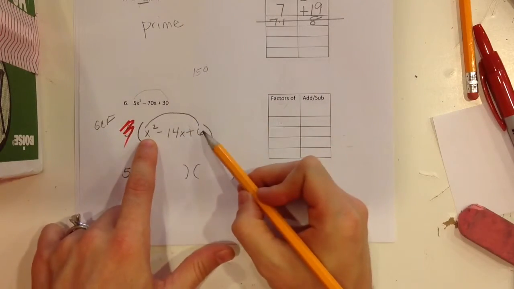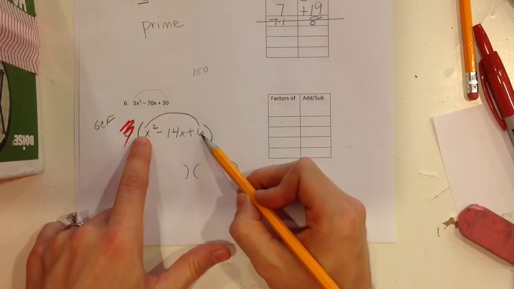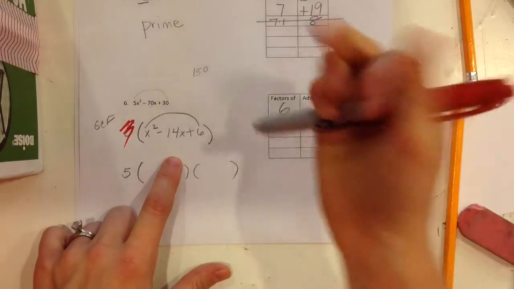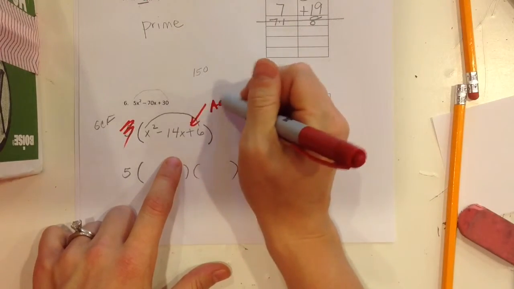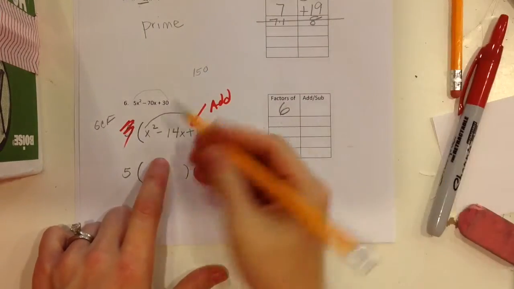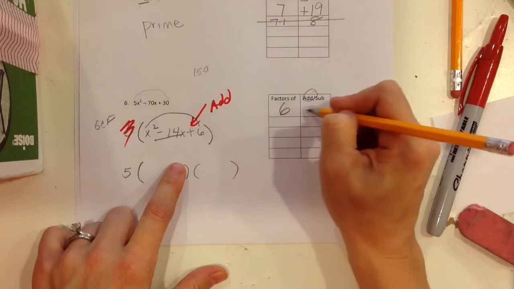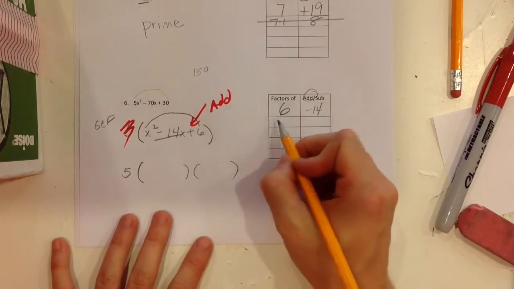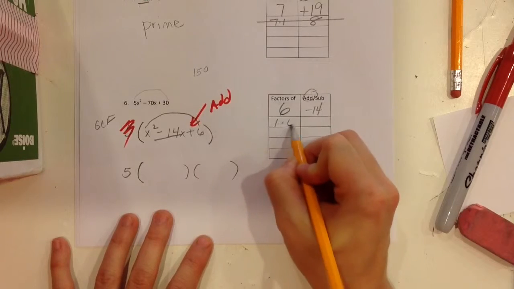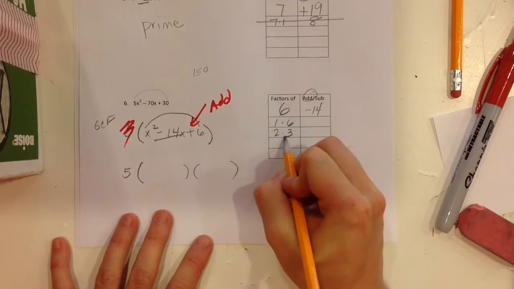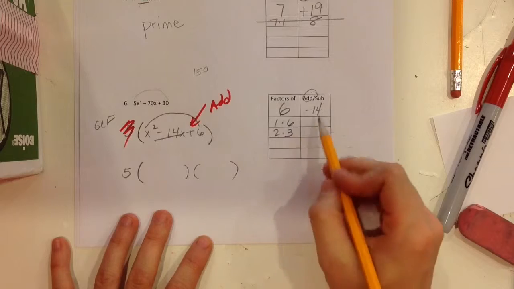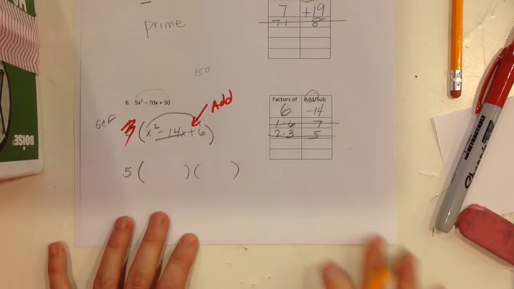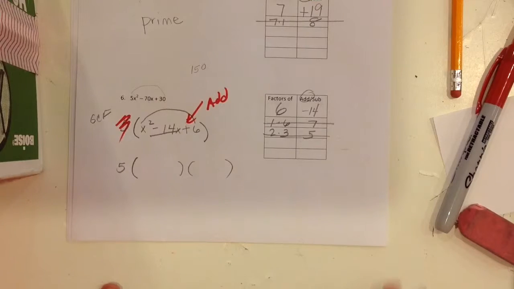So I want to find the factors of 1 times 6, which is 6, that add to give me a negative 14. So if I'm adding to get a negative 14, let's think of our factors of 6. We have 1 and 6, 2 and 3. Well, if I add 1 and 6, I get 7. 2 and 3 is going to give you 5. Neither of those are going to give me a negative 14.